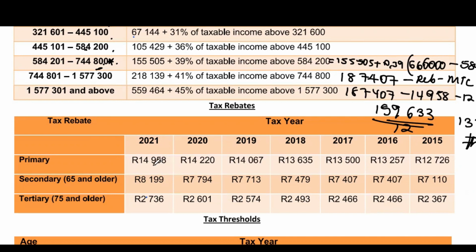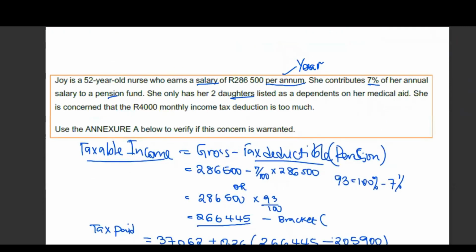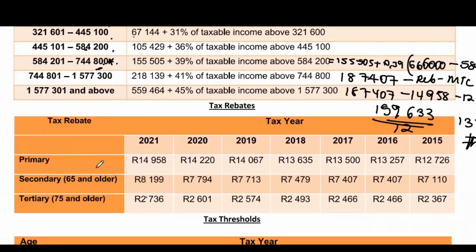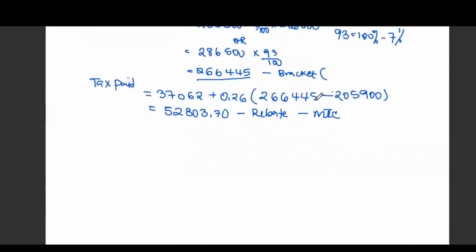The person is 52 years of age, so she belongs to the primary rebate, which is 14,958. So we need to come here, get that answer that you have there, minus 14,958, minus now the medical credits.